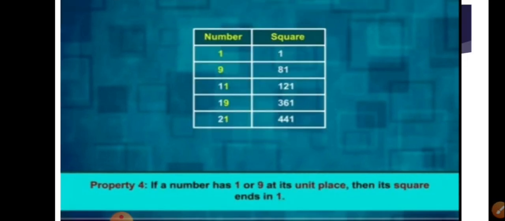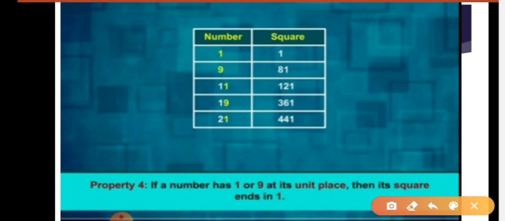Now property 4. According to property 4, if a number has 1 or 9 at its unit place, then the square will always end with 1 at its unit place. Here you can see numbers ending with 1 or 9.